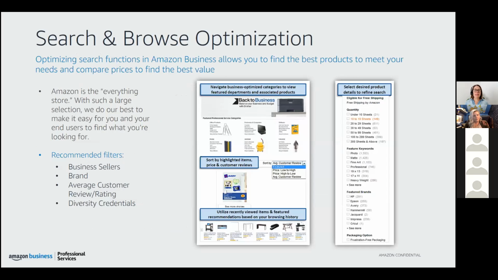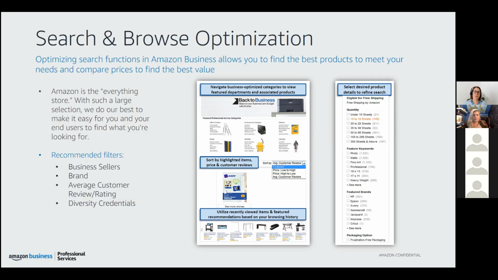Okay, so let's talk about search and browse, because if you've ever been on Amazon, you know it's the everything store. With so many products and such a large selection, I want to give you some tips on how to find the best items and with the most savings value. So first, when you log into Amazon Business, you'll go to a business optimized page.